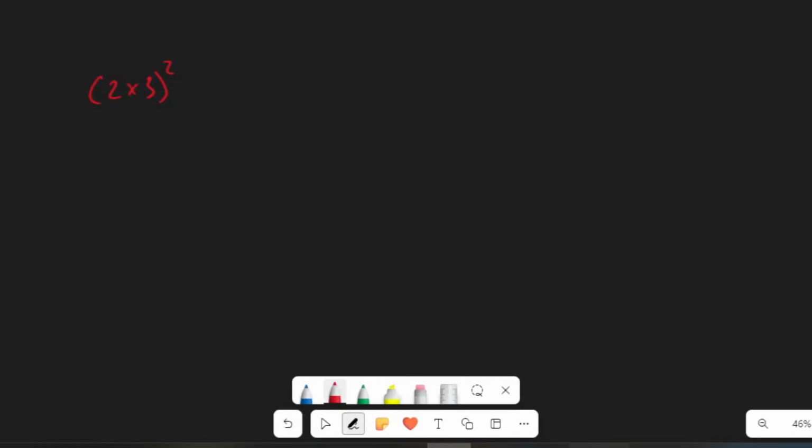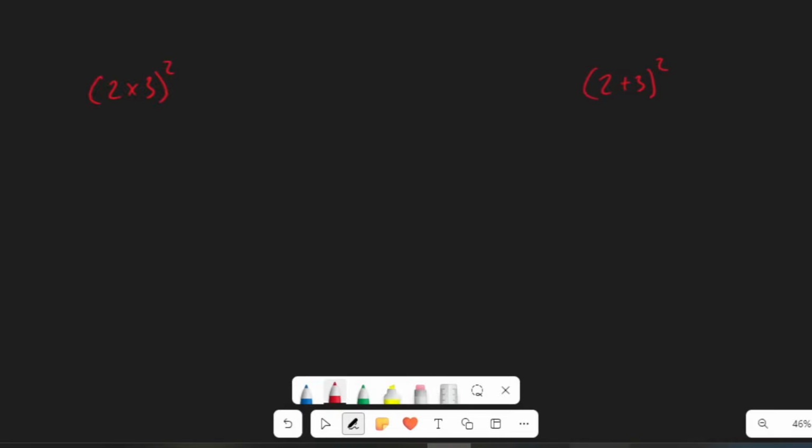I now want to highlight some big misconceptions. So let's take 2 multiplied by 3, squared, and on the other side 2 plus 3, squared.